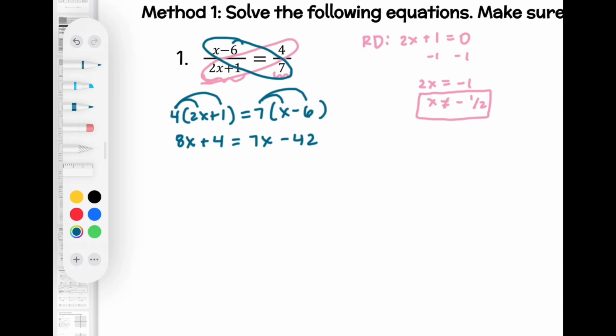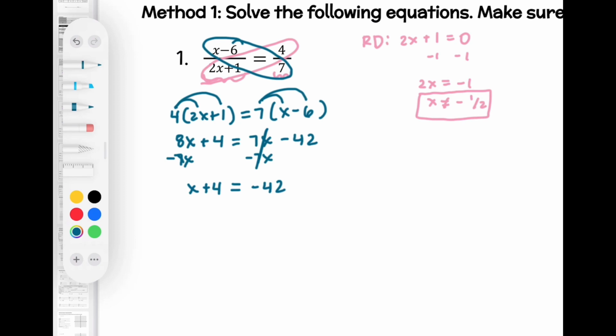All right, from here, it's just solving an equation. Get all your x's to one side, everything else to the other side. I'm going to subtract 7x from both sides. We have x plus 4 on the left side equals, these cancel out, negative 42.